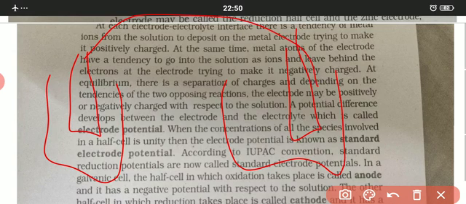At one time the metal has a tendency to go into solution and release electrons, while at the same time in the other electrode the metal ion has a tendency to accept electrons and deposit on the electrode.